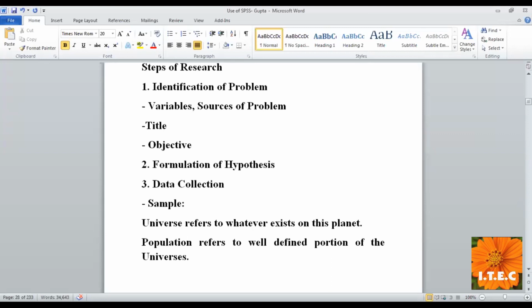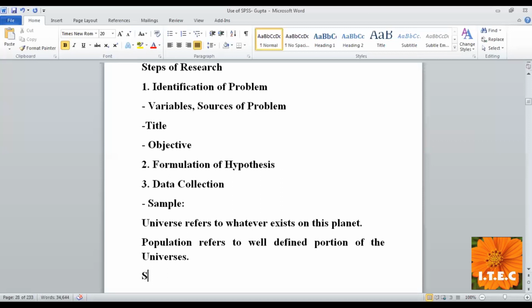If you want to do research on class 10th students of government school, this is your well-defined portion of the universe. That means it is class 10th students of government schools of Jaipur. So you are not considering the class 10th students studying in government school in Ajmer. No, it's only Jaipur. So that is why population is a well-defined small portion of the universe.